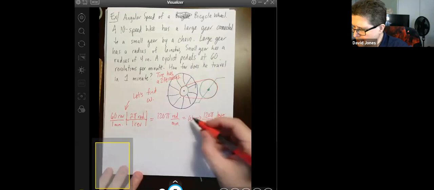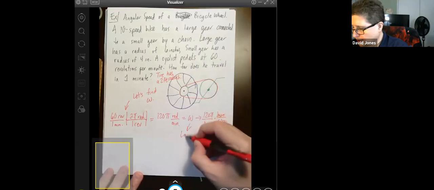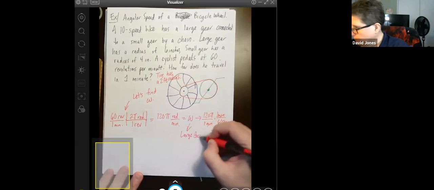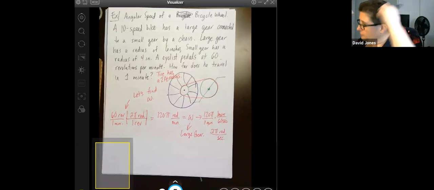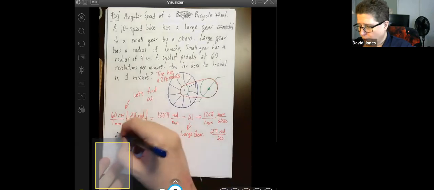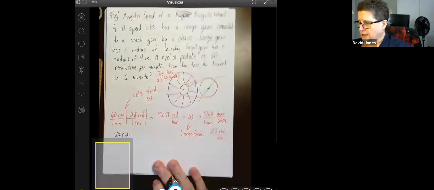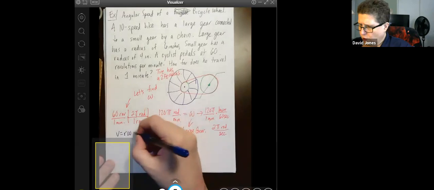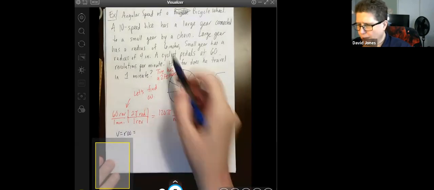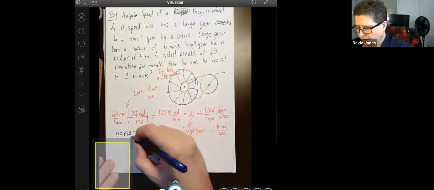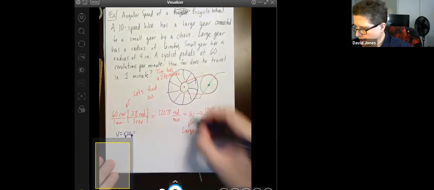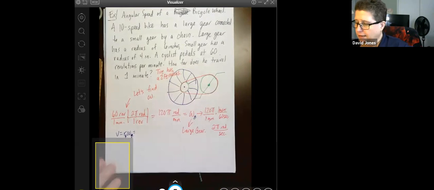So this is the omega for the large gear. Okay. Let's see its speed. How quickly is it going? So V equals R omega. We have the radius of the big gear. I'll call it R_B and omega_B for the big gear.